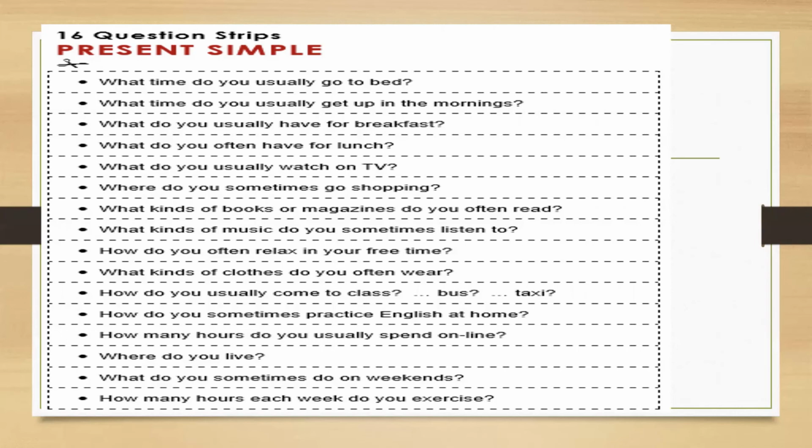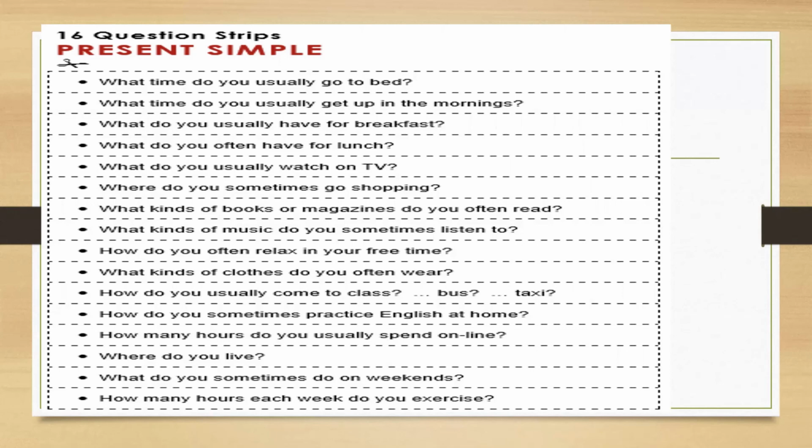Second, what time do you usually get up in the mornings? What do you usually have for breakfast? What do you often have for lunch? What do you usually watch on TV? It means what kind of programs or TV series you usually watch.